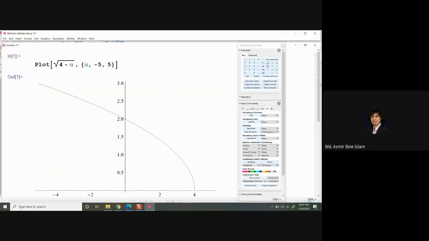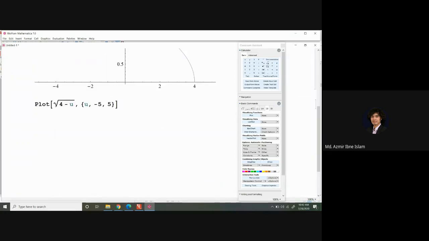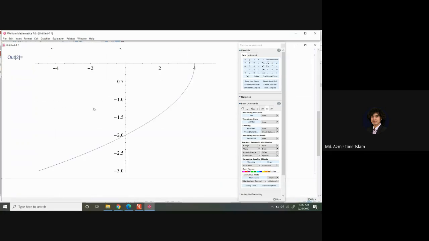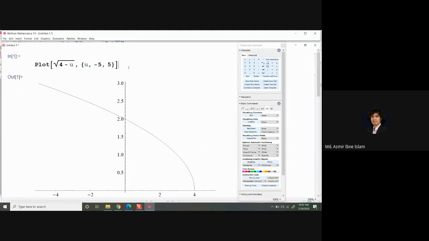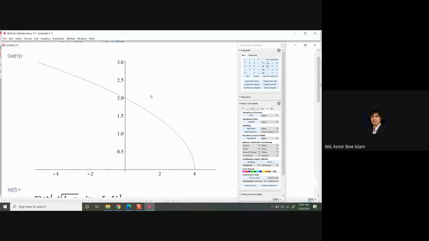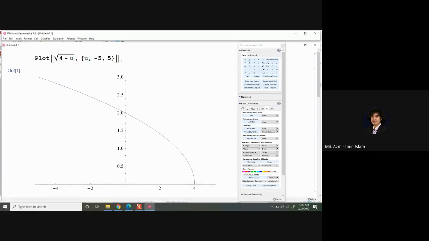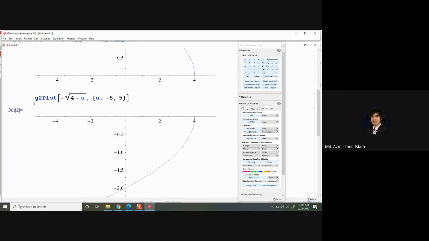So for the negative part, we will get this one. Let's plot them in the same figure. Let's say this is G1 and this is G2.